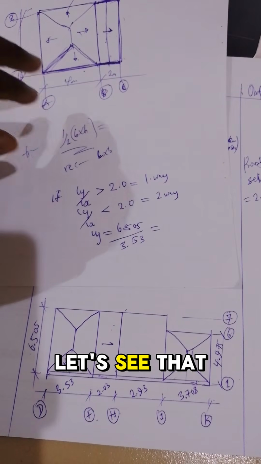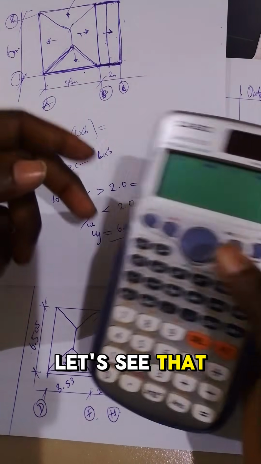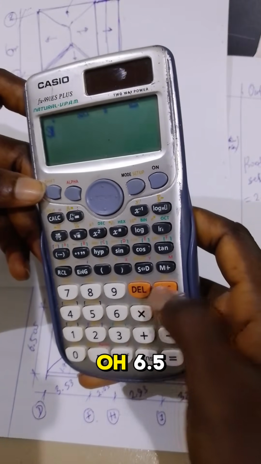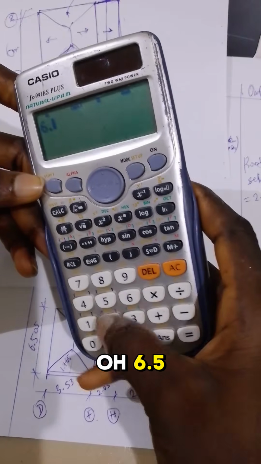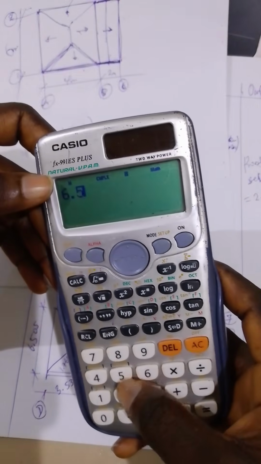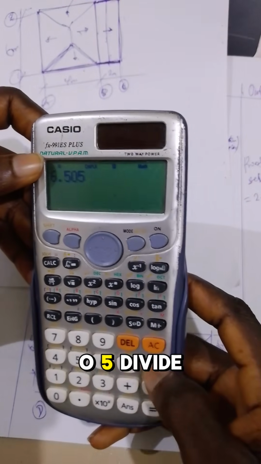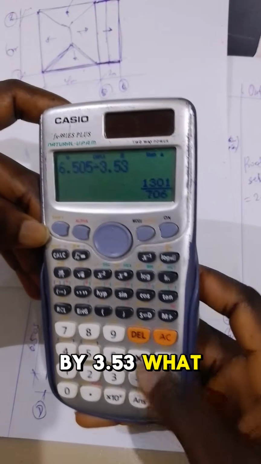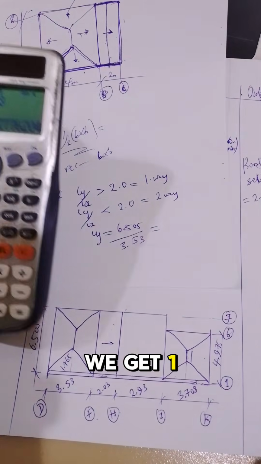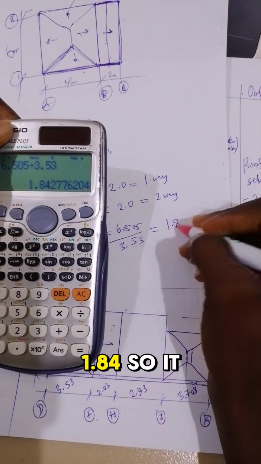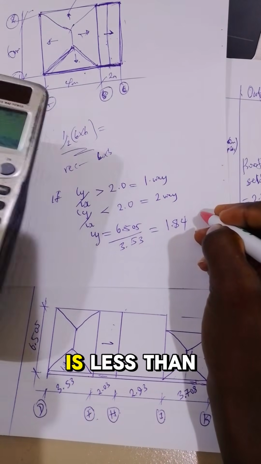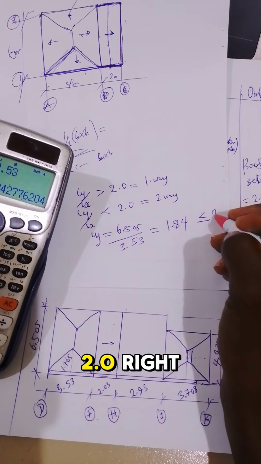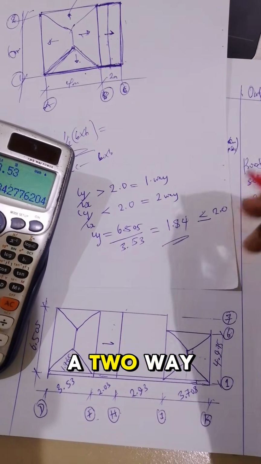Let's see that, just to get your understanding on this. 6.505 divided by 3.53. What do we get? We get 1.84. So it is less than 2.0, right? So therefore it's a two-way spanning slab.